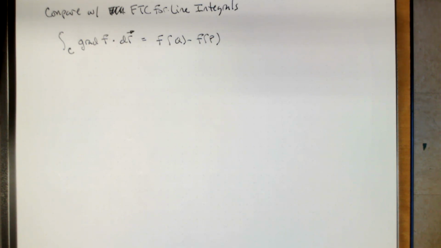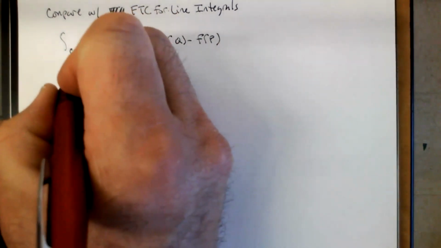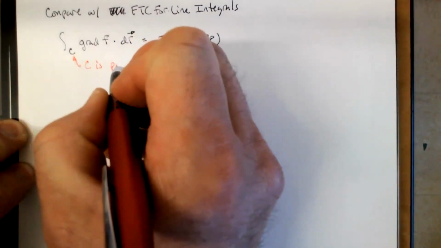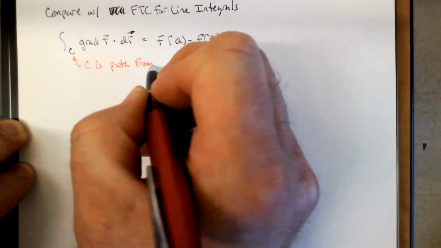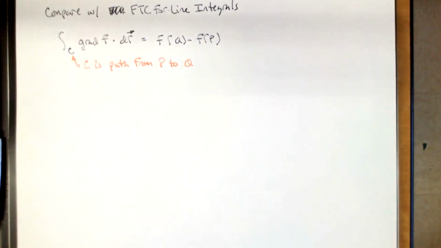Think about the fundamental theorem of calculus for line integrals, where a vector field is a gradient field. So let's integrate over C, where C is any path from P to Q. What we're looking at in Green's theorem is a curve where P and Q are the same point, because we're making a loop that encloses a region.